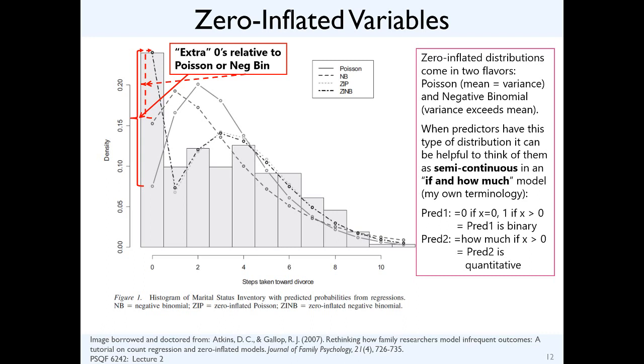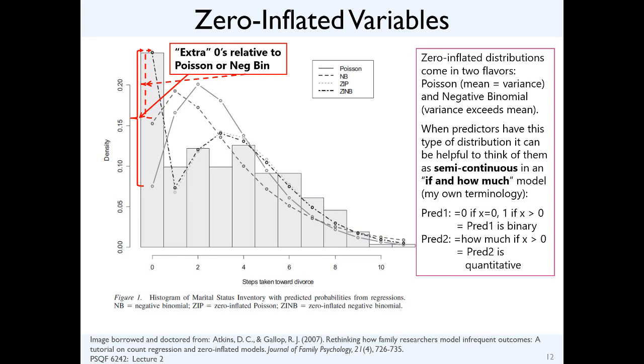In this example, from a journal article looking at steps taken towards divorce, there are 2 kinds of people in this pile of zeros right here. There's people who say, I love my partner, I would never do that, 0. Or, I just haven't gotten around to it yet.